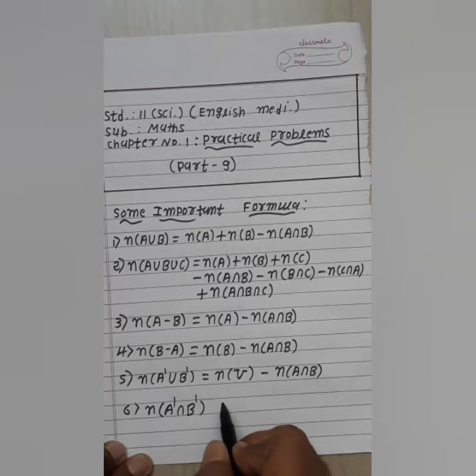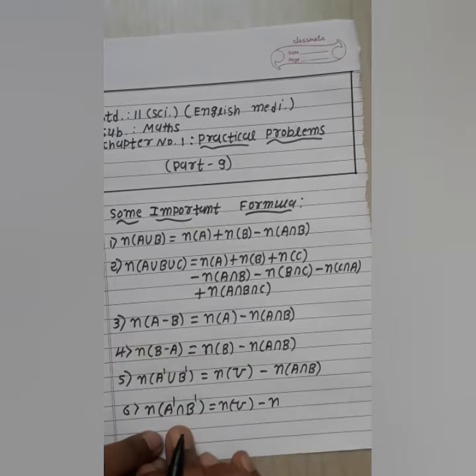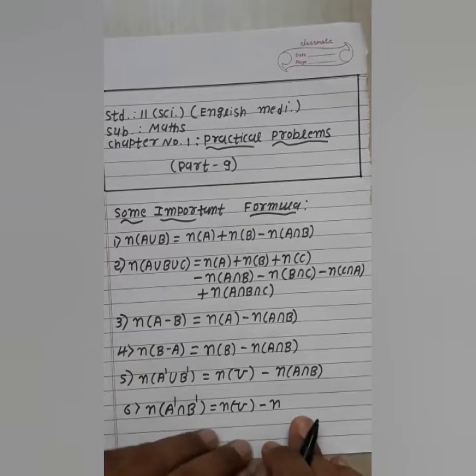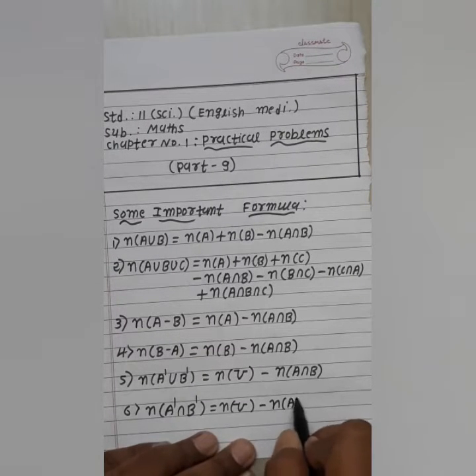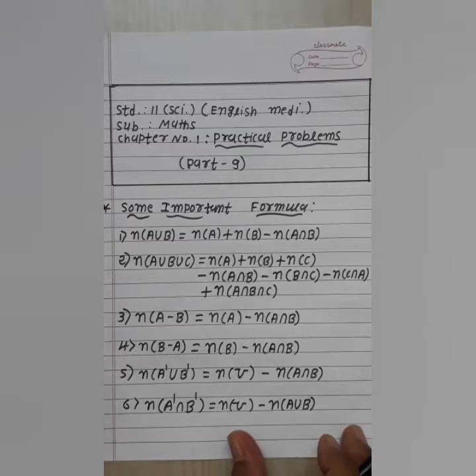So N of A dash intersection B dash is equal to N of U, the universal set, minus N of A union B, since the intersection form is present. Okay, so now related to all these formulas, let us solve some examples.